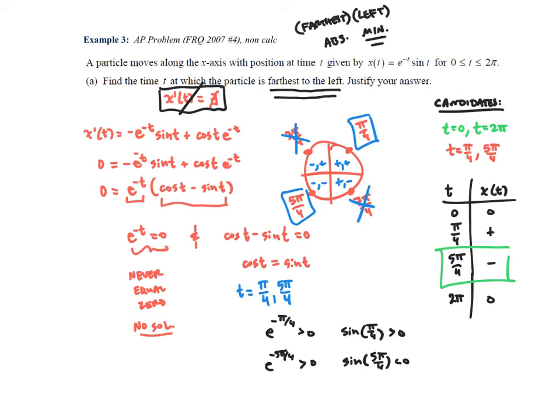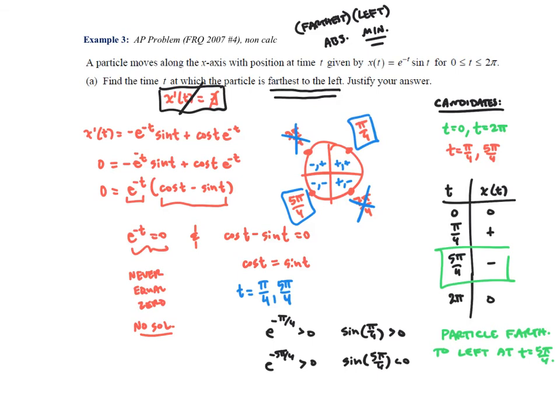Therefore, the particle is farthest to the left at t equals 5 pi over 4. I don't think there's units for time, so we're just going to say 5 pi over 4. That is my justification. I don't need to actually have the location or the minimum value. It just asks what time.